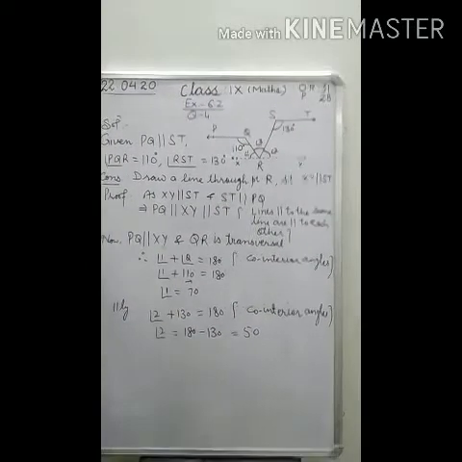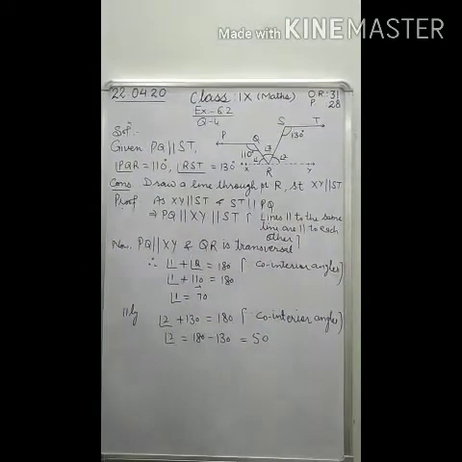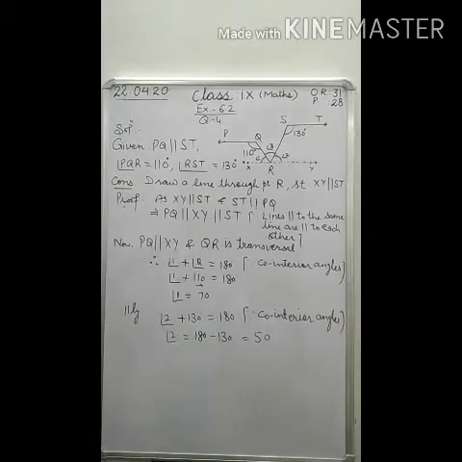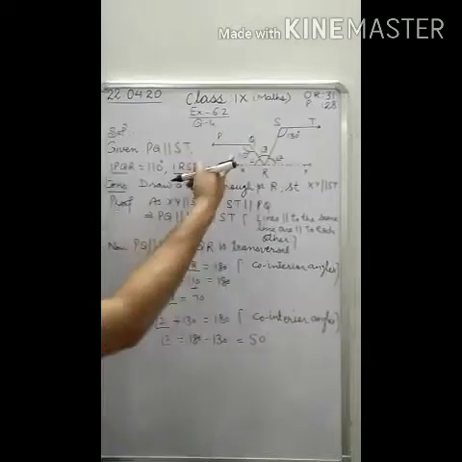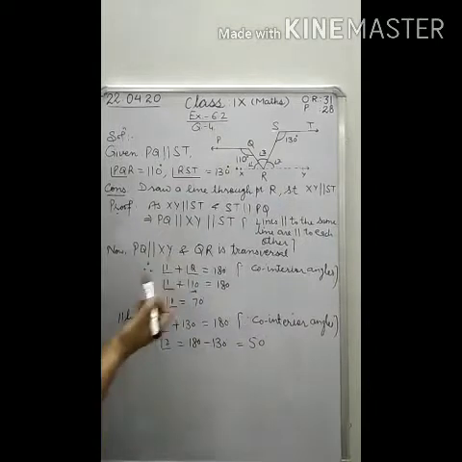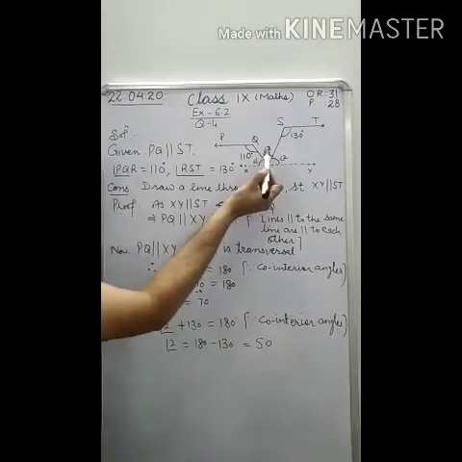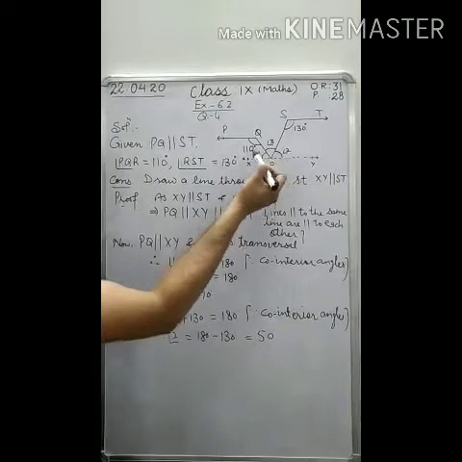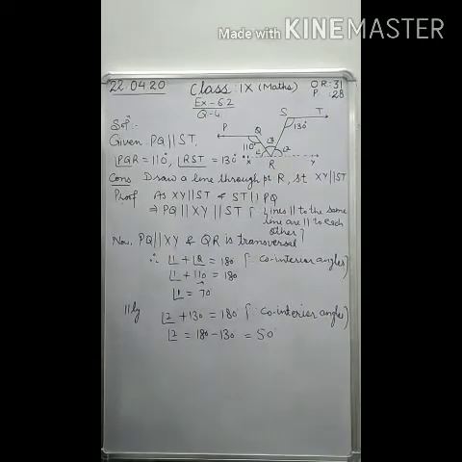Now here you have found the measure of angle 1 as well as angle 2. Now you have to use these two angles here. Now see this, on this line XY, these three angles, angle 1, 3 and 2, all these three angles form the straight line angle.